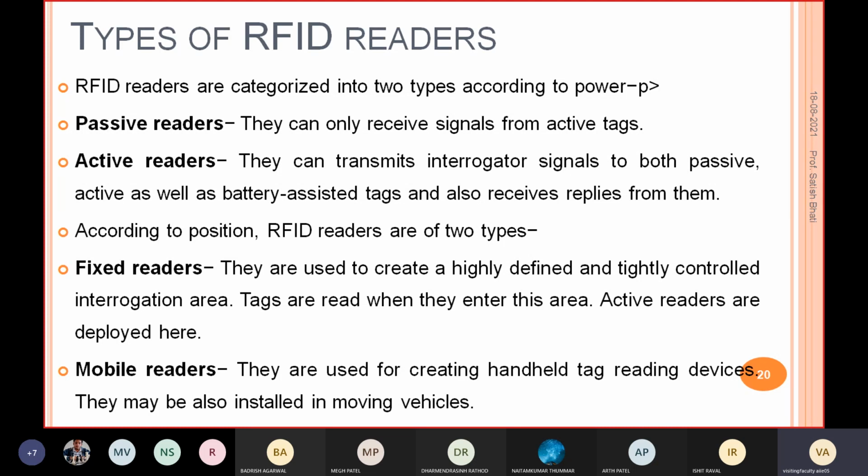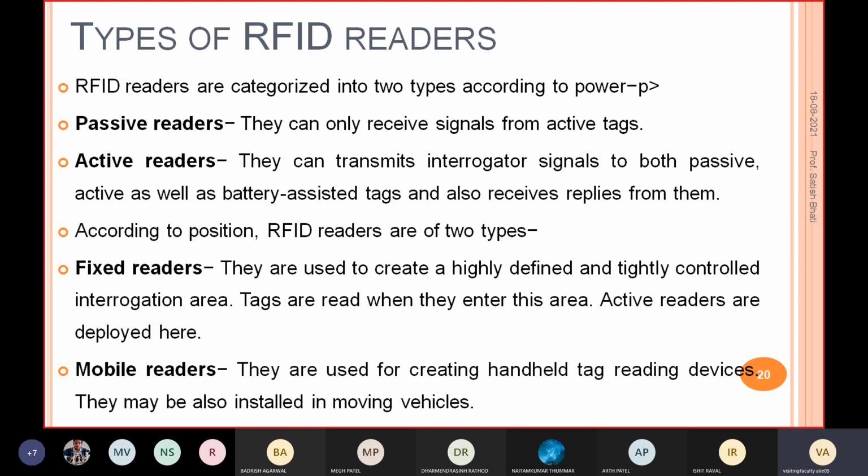Now according to the position, like where you place the RFID reader, there are two types: the fixed reader and the mobile reader. From the name you can understand that fixed readers are used to create a highly defined or tightly controlled area. When your area is fixed, you will use the fixed reader. Fixed reader means you place a reader at a particular position and never change it.